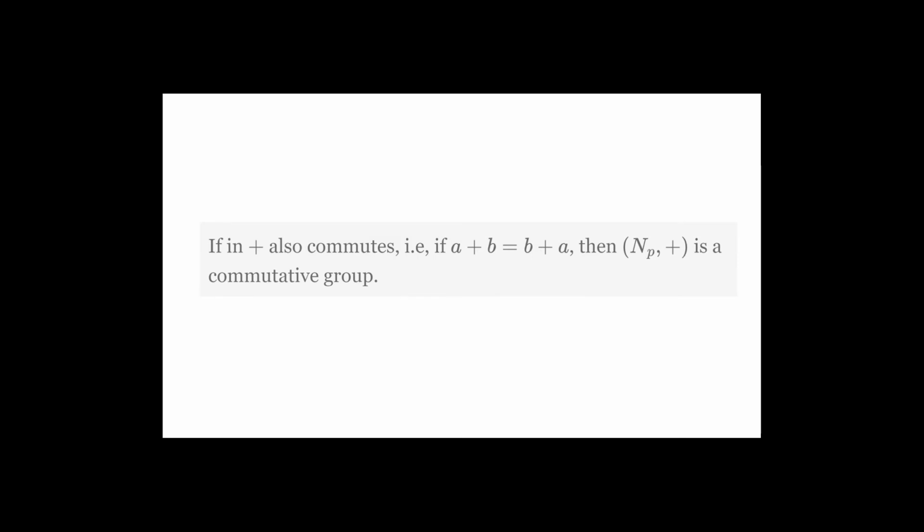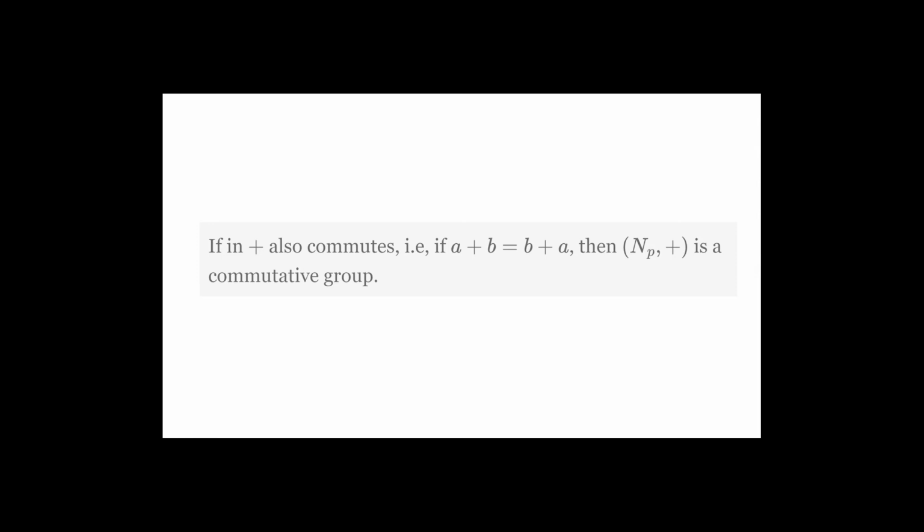If in addition to these properties, you also have the fact that a plus b equals b plus a, then we say that the group is commutative. So Zp with plus is a commutative group because plus is also commutative.